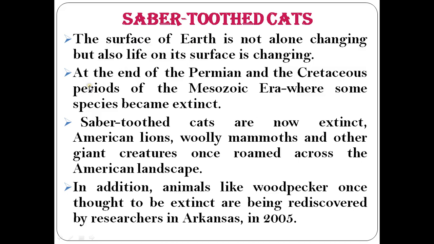That means at the end of the Permian and the Cretaceous periods of the Mesozoic era, some species became extinct, and we are going to see with the picture that the saber-toothed cats have become extinct. American lions, woolly mammoths, and other giant creatures once roamed across the American landscape, and they have now become extinct.